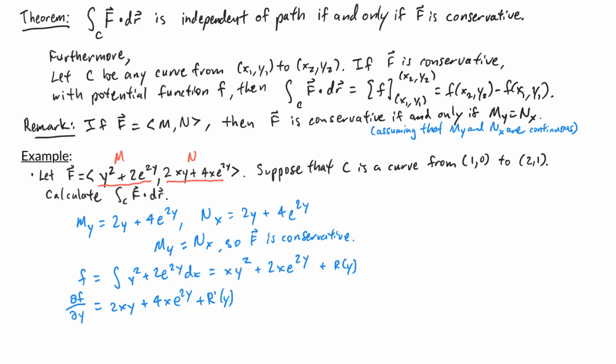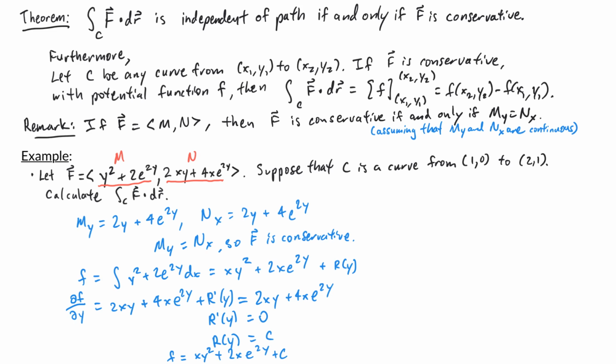Next, we'll set this equal to the y component of the vector field and try to solve for r prime. Subtracting things from both sides, we have that r prime of y is equal to 0. When we integrate r prime of y, we get r of y equals some constant c. So our potential function for the vector field F is xy squared plus 2xe to the 2y plus c.